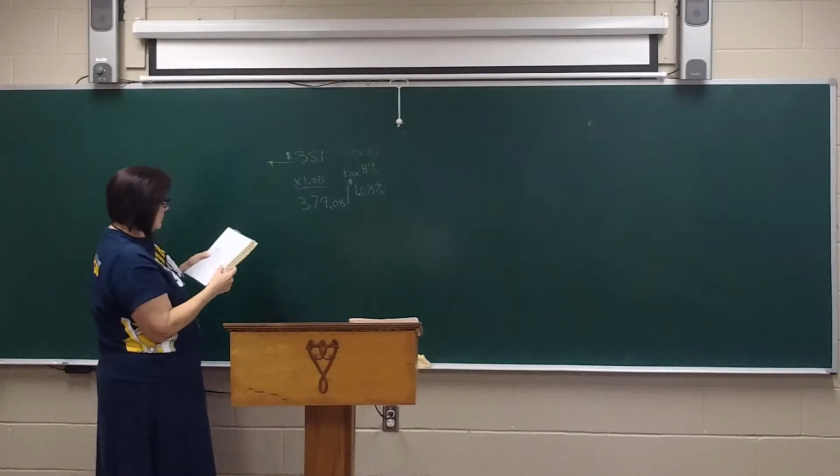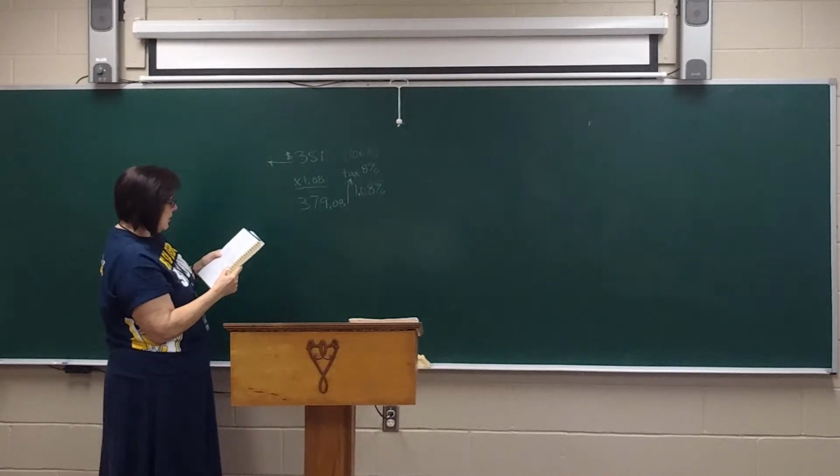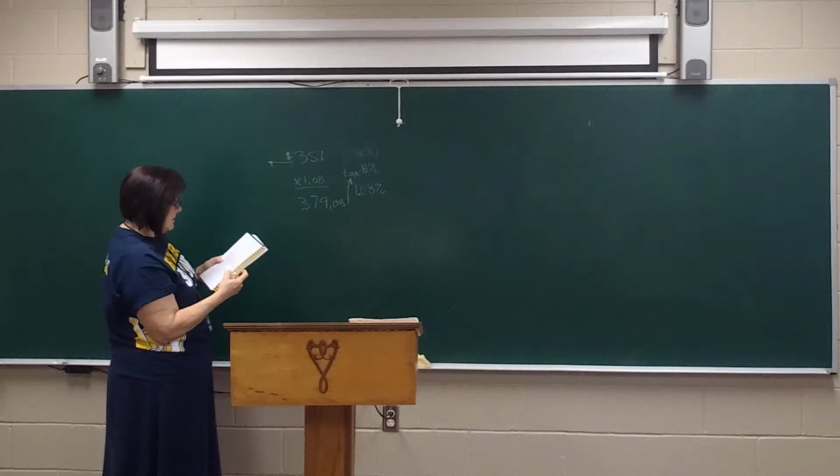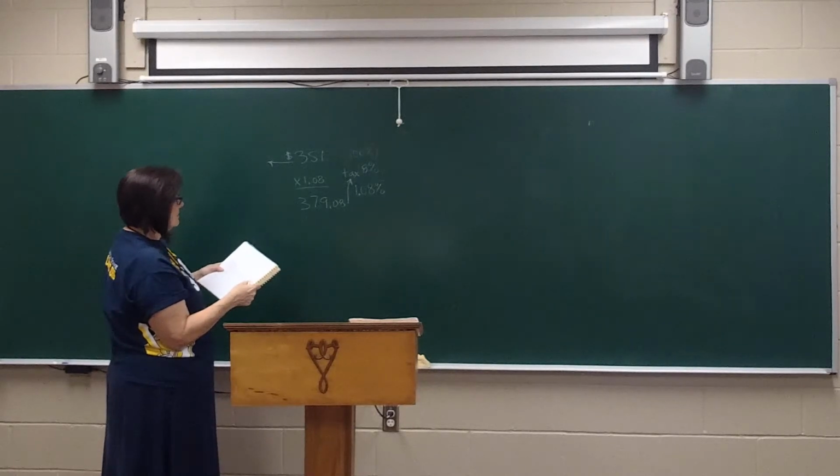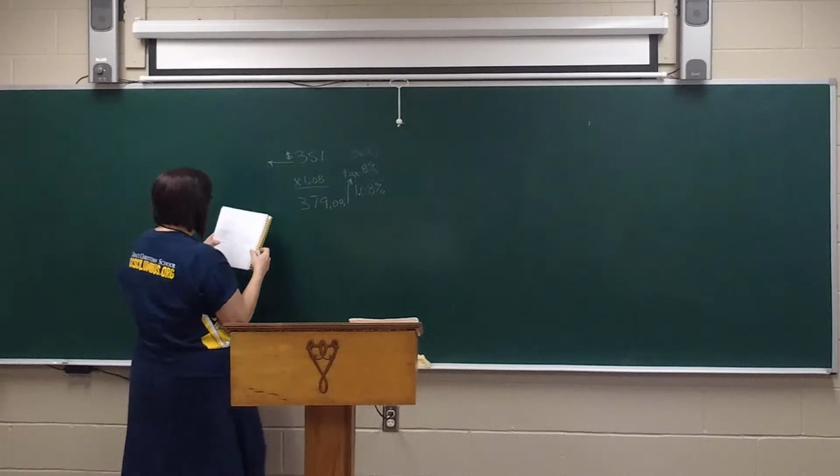So to find how much the taxes were, what was the cost of the ticket without the taxes, then you would just subtract and you get the cost of the ticket without taxes, with and without. Okay?